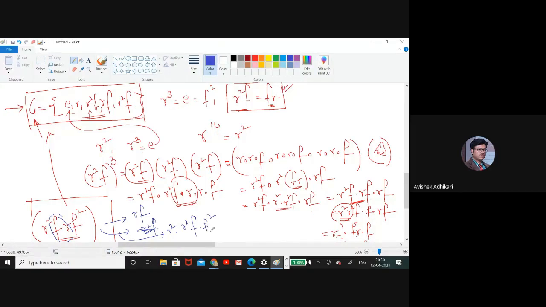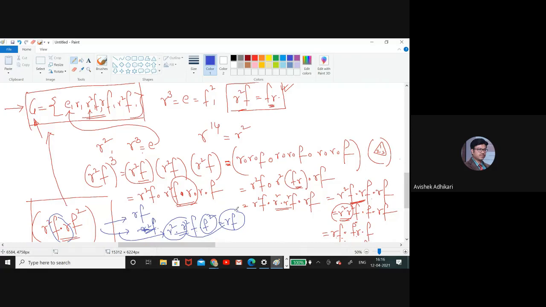F square is already E. And R to the power 4 means R. F is already there and F square is E. So the ultimate answer will be RF.